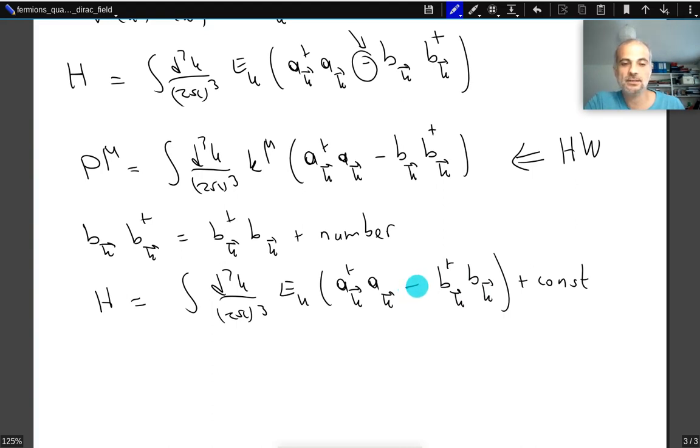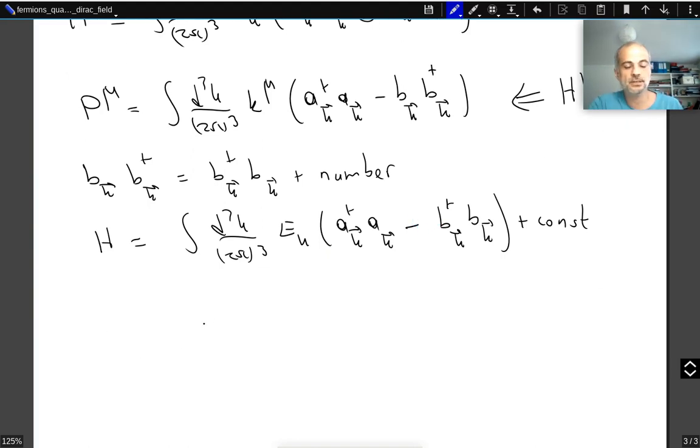Now the way out is by postulating that when we are quantizing the Dirac field, we won't be using the commutation relations, but we will be using the anti-commutation relations. So if you remember, in the case of the classical scalar field, we said that the field and the corresponding momentum at equal times satisfy the commutation relation.